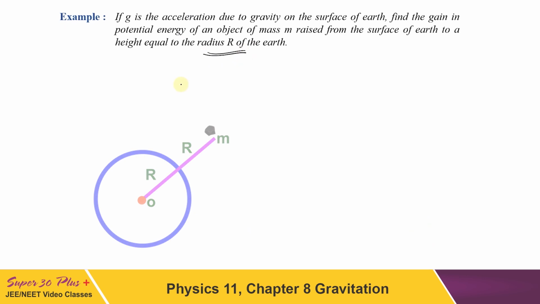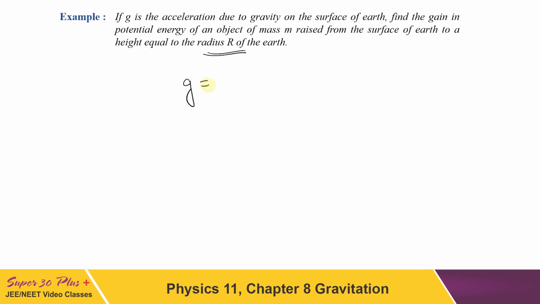Let us write the acceleration due to gravity on the surface of Earth. It can be written as GM/R square. And so we can write GM to be equal to small g multiplied with R square.